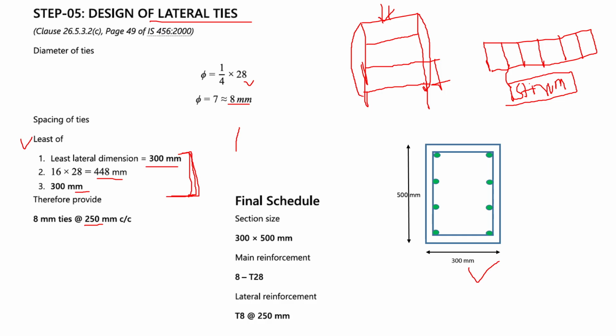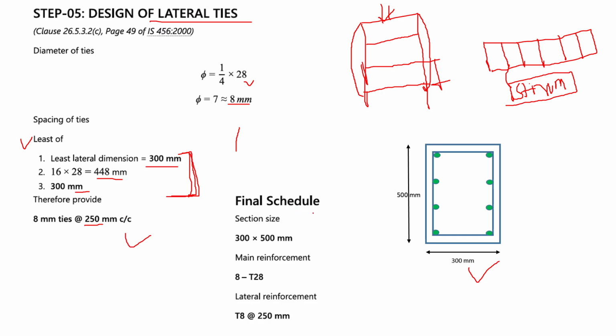That is the purpose of using the lateral tie in the case of the column. But in the case of the beam, the purpose of using the stirrup is totally different from that in the column.